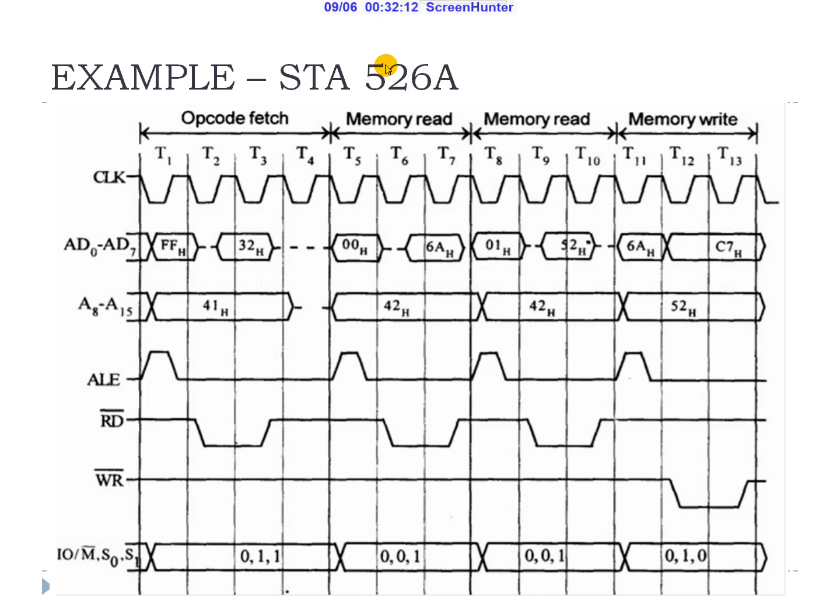After getting this address, we need to write the data from the accumulator into this memory location, so we need a memory write signal. Depending upon the instruction we are using, we are going to have a different number of T states and machine cycles.